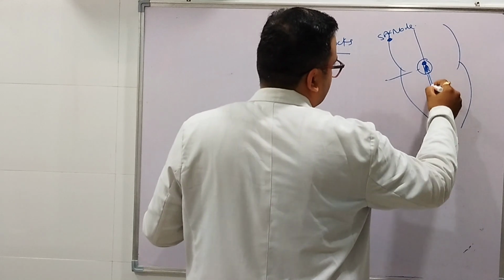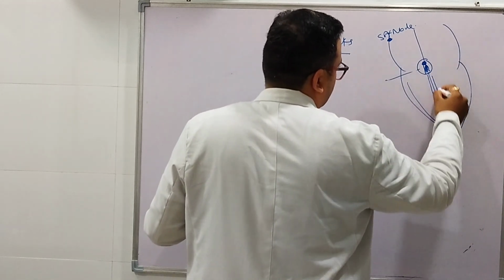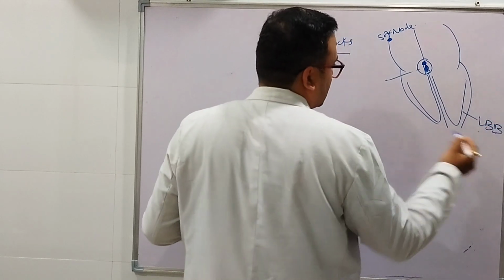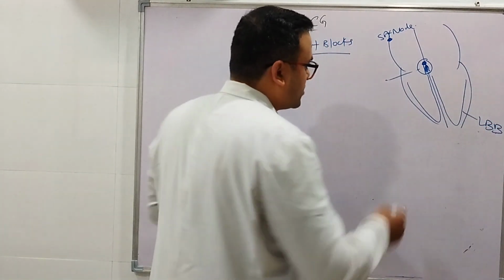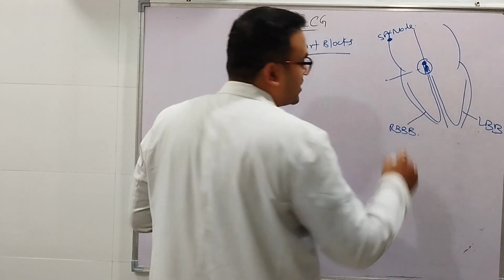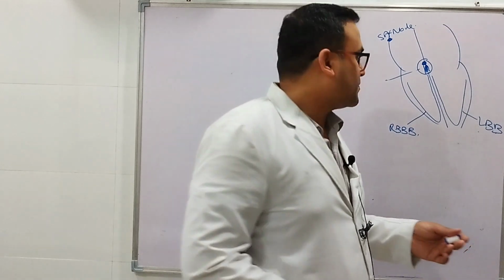And this can happen in the left bundle branch; we call it left bundle branch block, or in the right bundle branch, right bundle branch block.